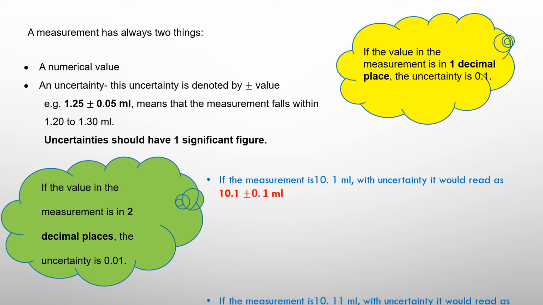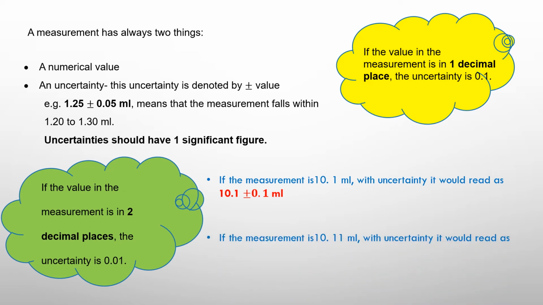So if we have a measurement of 10.11, which has two decimal places, the uncertainty would read as 10.11 plus or minus 0.01 milliliters. So basically, students, I hope you have understood how to write the uncertainty. It is very important that you use the digit 1 in your uncertainty so that we have a narrow range of uncertainties. Also, the measurement should have the same number of decimal places as your uncertainty.